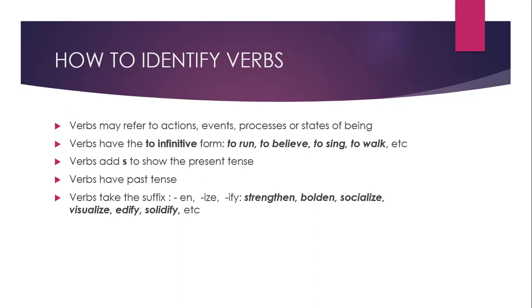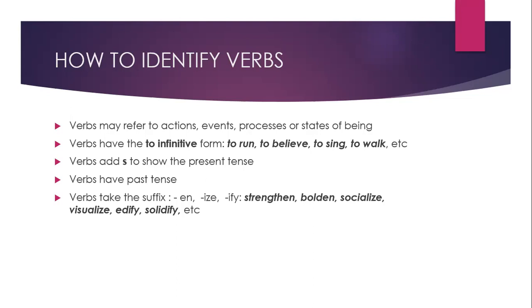Also, verbs add s to show the present tense. It is only verbs that add s to show the present tense. This seems to be confusing for some people. People think that sometimes when they see nouns and the noun ends with an s, they assume that it is a verb. Also, in nouns, when you add an s to a noun, you make it plural. So, dog, dogs, right?